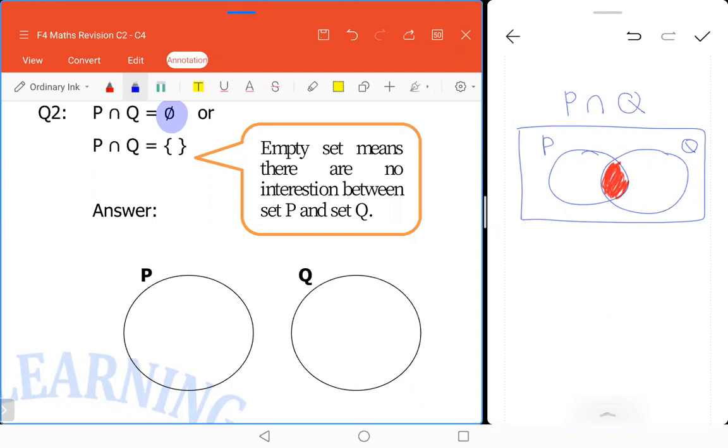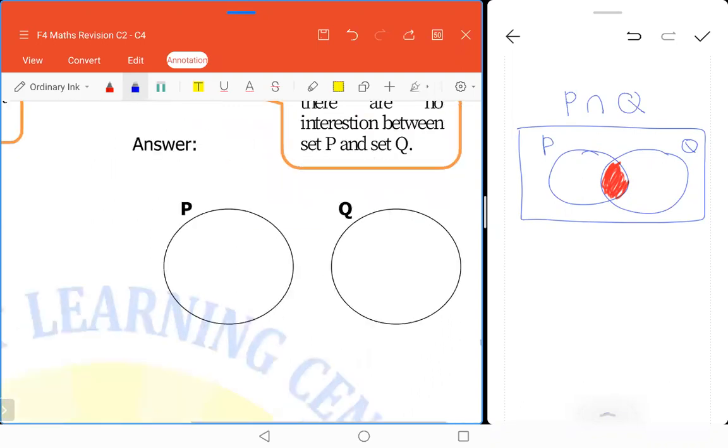Set P is not touching set Q. So when you want to draw it out, we have to separate it. One P, one Q. Cannot touch it because empty set. P intersect Q equal to empty set, no elements. So draw it separately. P, Q.